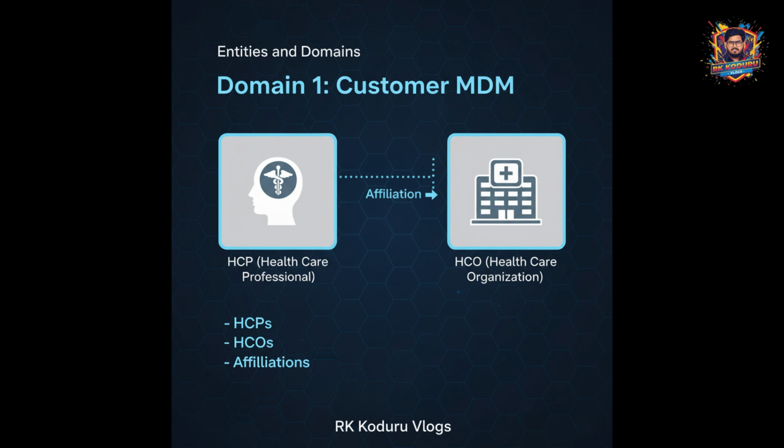HCPs, healthcare professionals. These are the individuals: doctors, specialists, nurses, prescribers. HCOs, healthcare organizations. These are the places: your hospitals, clinics, pharmacies, and research labs. Affiliations, this is a crucial one. It is the relationship data between HCP and HCO.